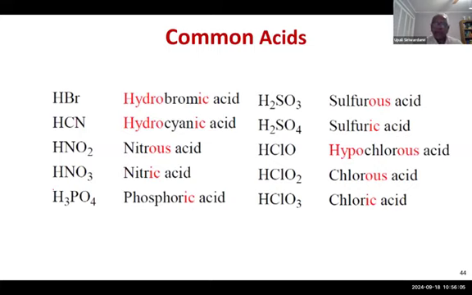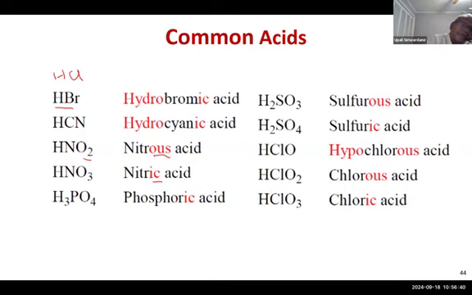We're going to look at some of the common names of acids. Hydrobromic acid is this. HCl is called what? Hydrochloric acid. Hydroiodic acid, HI. Hydrocyanic acid is HCN. Nitrous acid is with 2 oxygen.